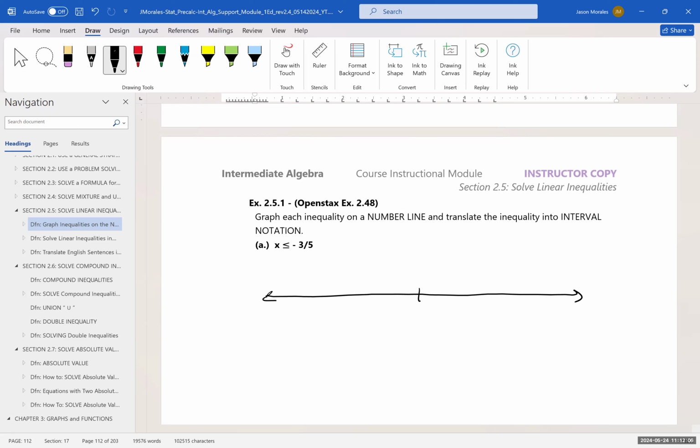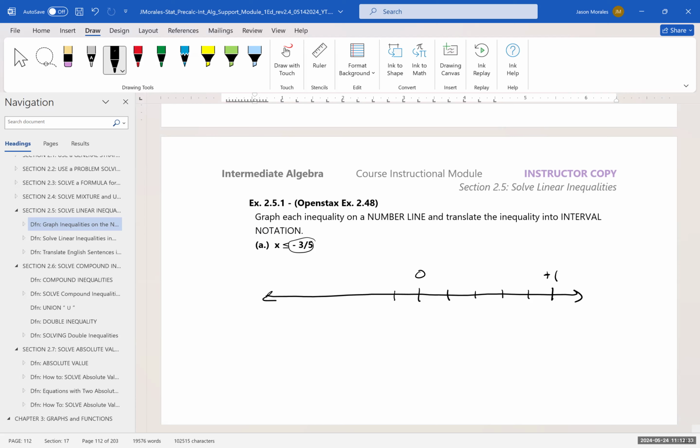And we're going to have 0. We're going to graph this from 0 to 1 and 0 to -1. But we need to do it in fifths, which means that we need to have 4 marks between 0 and 1. So we're going to have 1, 2, 3, 4. There's our 5th one, so that's +1.